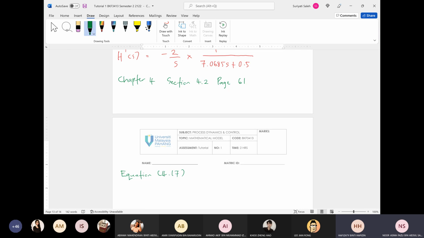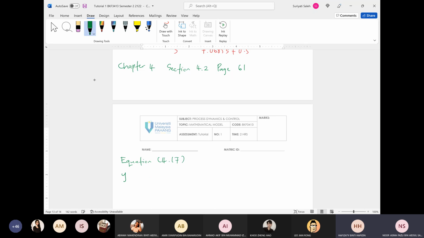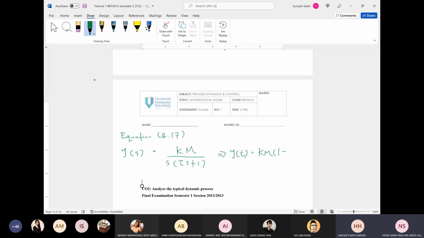In this equation, it states that when we have Y(s) equal to Km over (tau s plus 1), then the inverse Laplace should be y(t) equal to Km times (1 minus exponent negative t over tau).